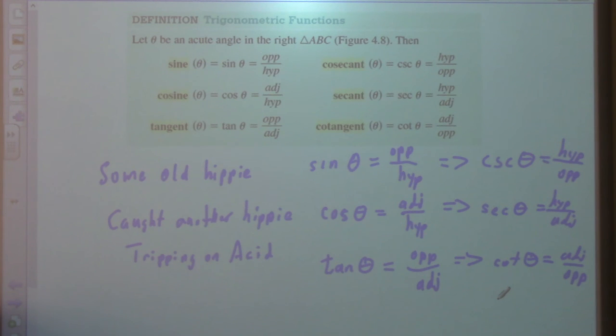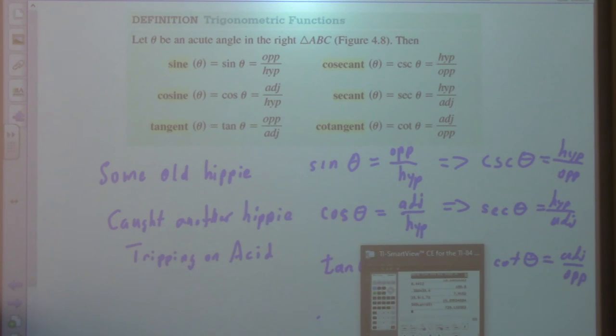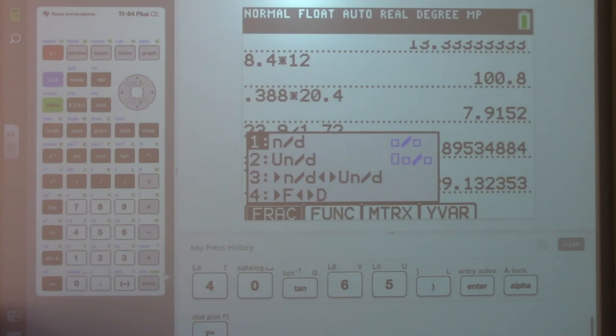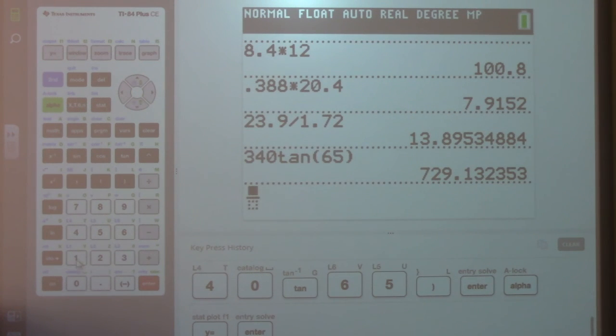No. So what you'll do for that, to put this in the calculator, if I want to see what the cosecant of 30 degrees is, I'm going to put 1 over sine of 30 degrees.